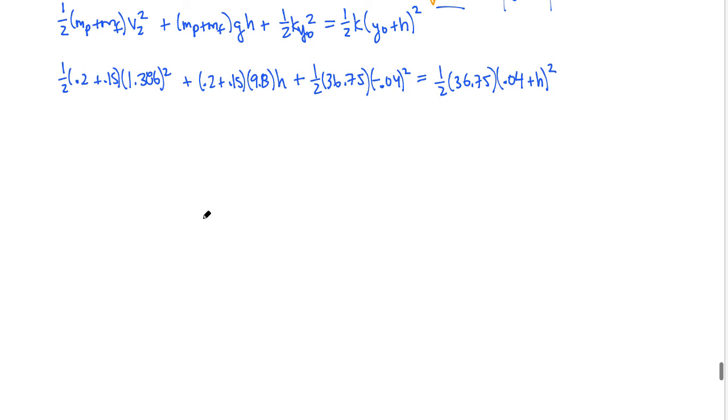So what this ends up with is a nice big quadratic in terms of H. So I'll let you go through the algebra for that. I'll pause for a second and do it myself, and then we'll write it out.